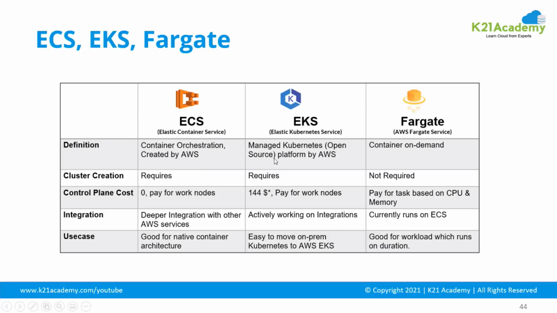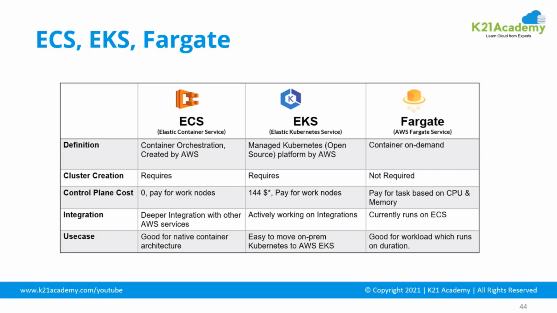Similarly, you have Kubernetes, which is open source software to orchestrate and manage containers, and the implementation of Kubernetes on the AWS cloud, managed Kubernetes, is called EKS, Elastic Kubernetes Service. And the serverless version of both ECS and EKS is Fargate, which is container on demand.